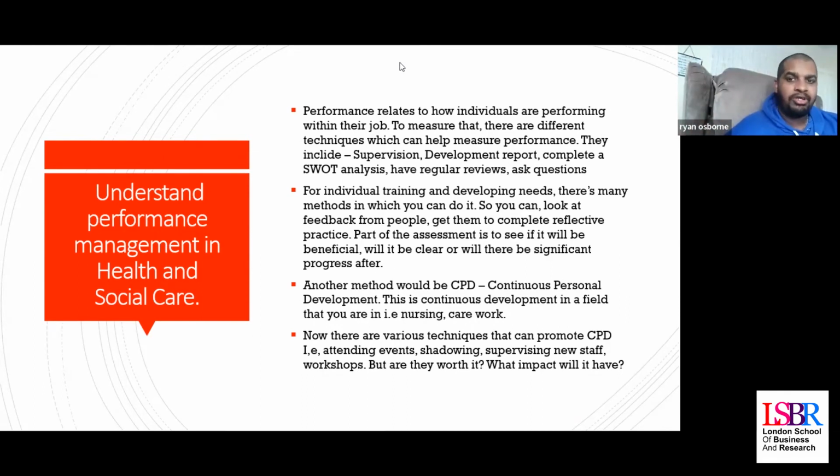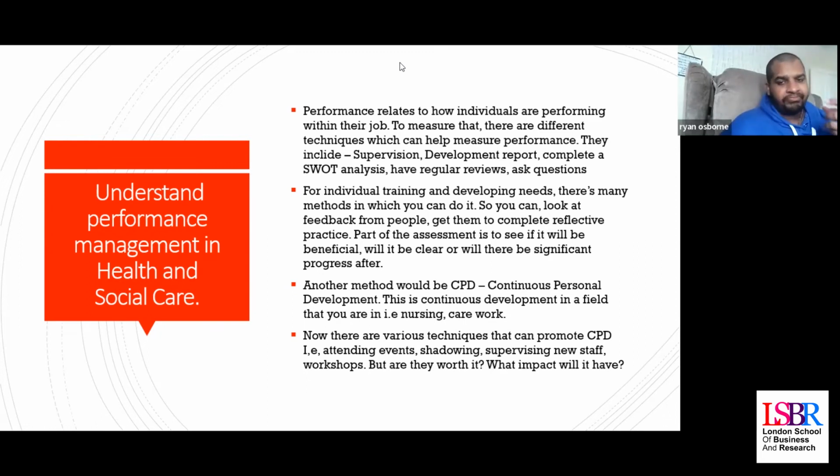If you want to measure someone's performance, there are different techniques you can use. As part of someone's personal development, this is a very key aspect, because it relates to their everyday job and what they do on a day-to-day basis.